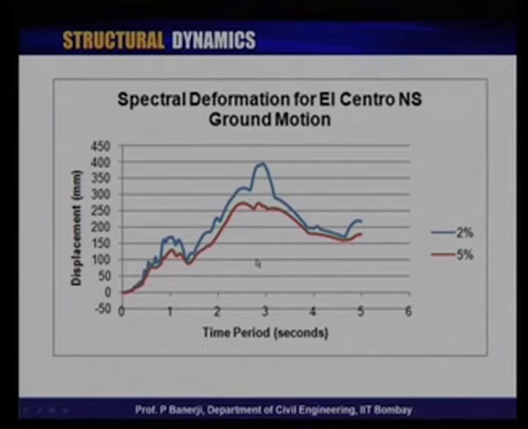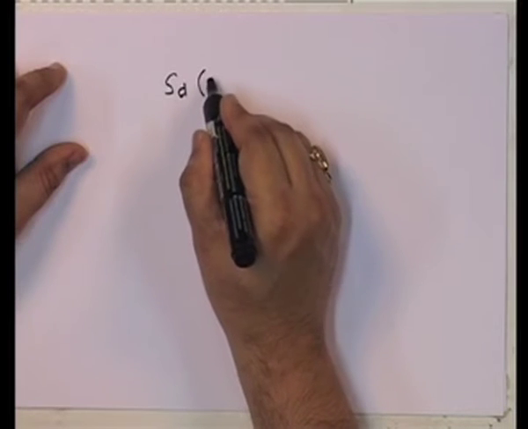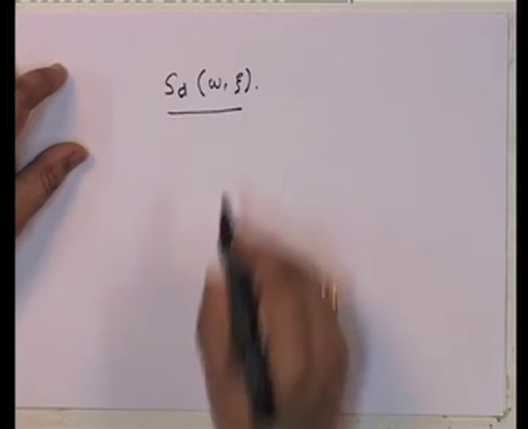Something very interesting comes out of it. Look at S d as a function of omega and xi, or S d as a function of t and xi.